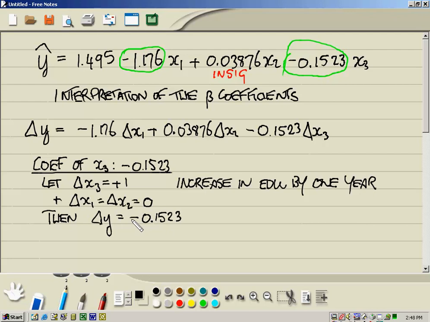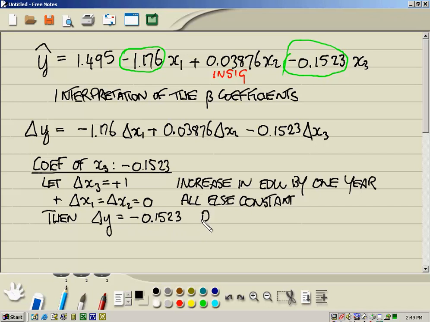Delta x1 is 0 and delta x2 is 0, essentially means ceteris paribus, or all else constant. And by doing that, we've affected what essentially is a partial derivative, and then we're left with a change in y equal to a negative 0.1523. Y is the amount of TV watched per day, so there's a change in the amount of TV watched per day by this many units, and 1 unit of TV watch is 1 hour.